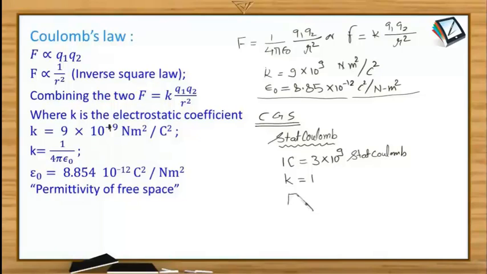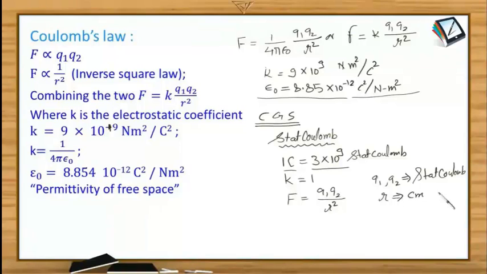So the formula becomes simply Q1 Q2 divided by R square. But remember that here Q1 and Q2 are to be used in stat coulomb, and you can convert coulomb into stat coulomb using this relation that 1 coulomb contains 3 into 10 to the power 9 stat coulomb, and the distance R is to be measured in centimeters.